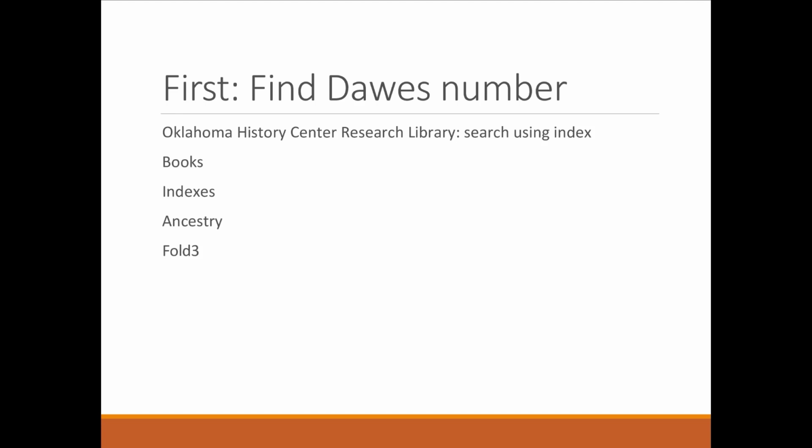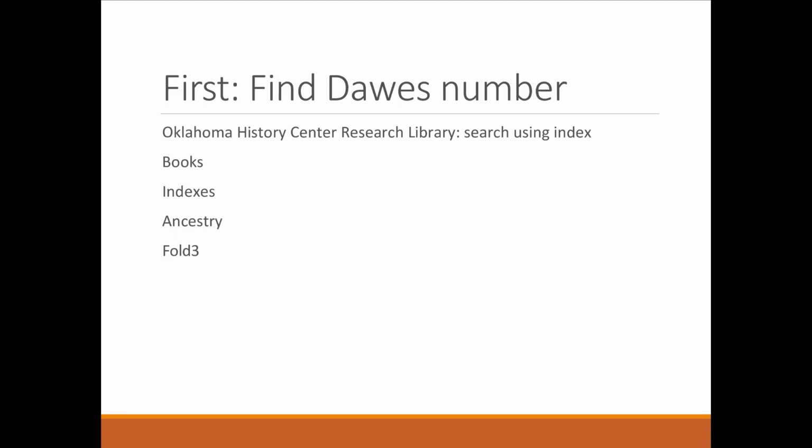So I like to use the Oklahoma History Center's research library, their index for the Dawes roll, and that's what we'll be using a lot today. But I also use books, and I'll do a little demonstration with those. There are other indexes available: Ancestry and Fold3.